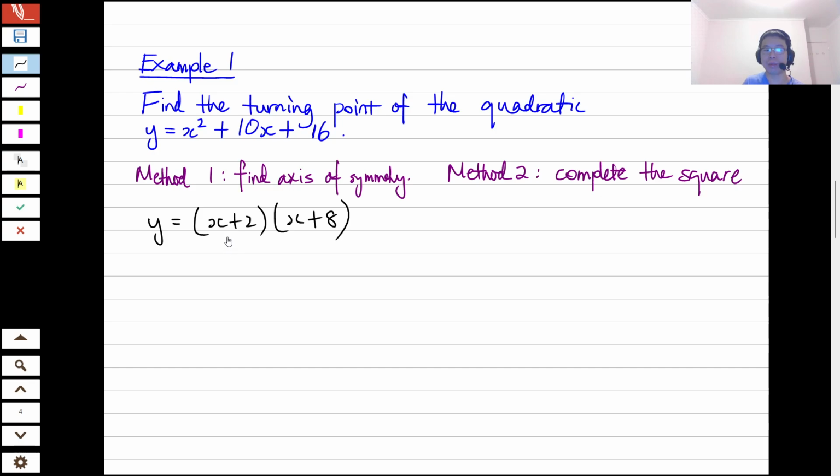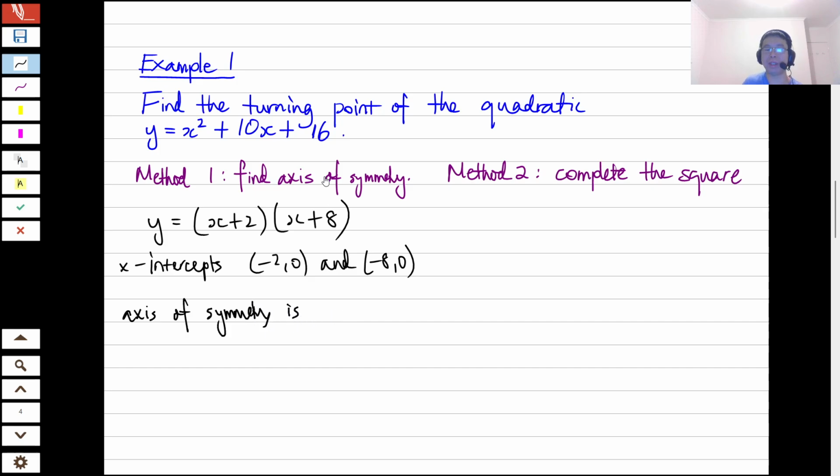So this means the graph passes through -2 and -8. The axis of symmetry is going to be the average of -2 and -8, which is -5.